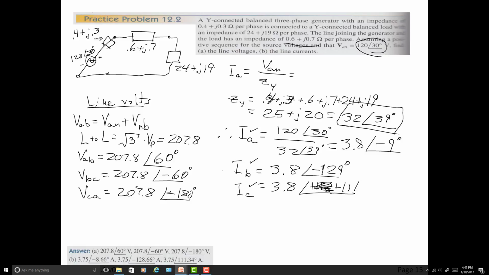So that is how I would flesh out that problem, and we've now done a Y to Y balanced load. We'll next move on in part 2 of this. We'll finish the chapter doing the other 3 load types, Y to delta, delta to delta, and delta to Y, and then complete the chapter with a lot of examples.